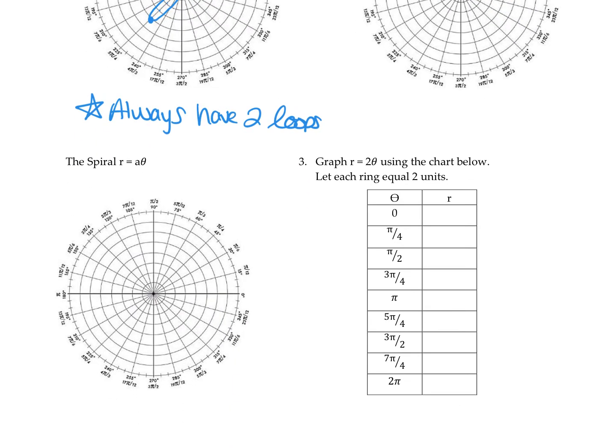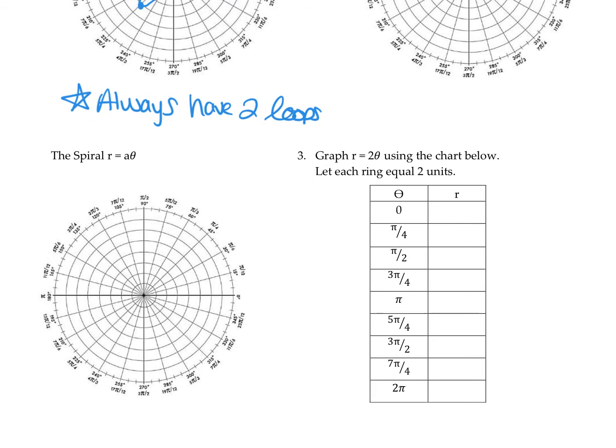The last shape in polar is a spiral, and that takes on this shape: r equals a theta. So if we were going to graph r equals 2 theta, I'm going to make a little table of values. If I put in 0, I would get 0. If I put in pi over 4, 2 times pi over 4 would be 1.57. 2 times pi over 2 would be 3.14.